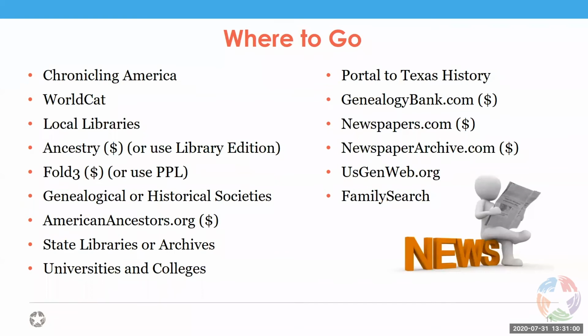Now, on some of them, like we have on this list with the dollar sign next to, such as Ancestry and Fold3, those have a free access point. If you have a Plano Public Library card, we have those in our database resources with the Plano Public Library. So you can access the library edition of Ancestry through the library.